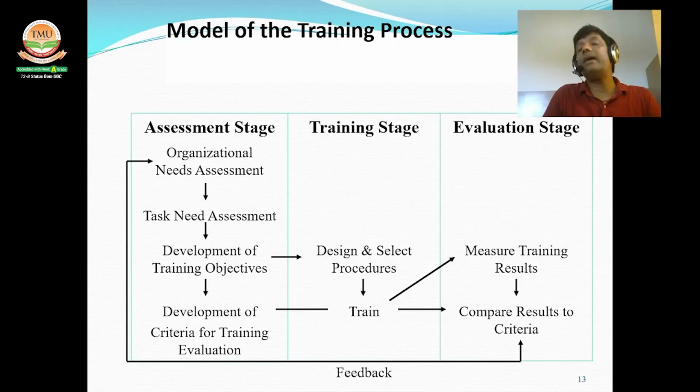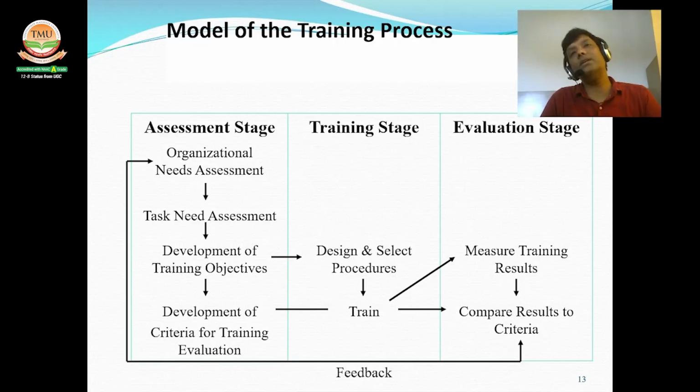Because until the effectiveness and efficiency of the training session is evaluated, how will you come to know that this will give you financial gains, other gains, or help in research and development, growth and development of the organization? So these 4 points complete our assessment stage: organizational need assessment, task need assessment, development of training objectives, and development of criteria for training evaluation.